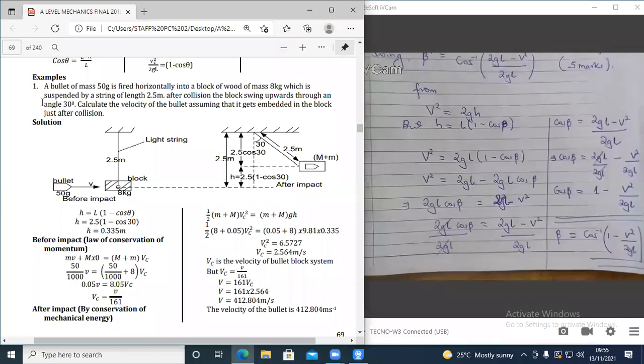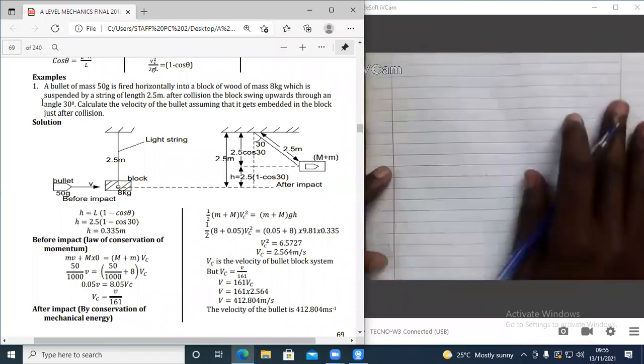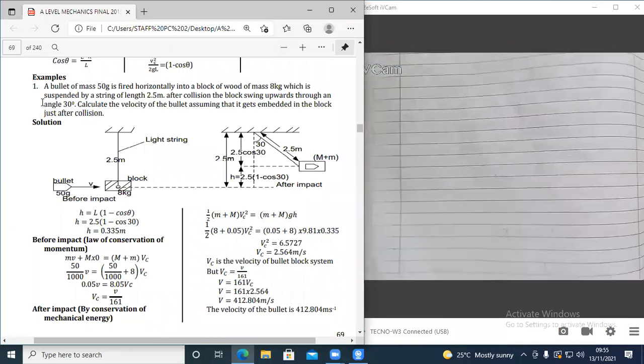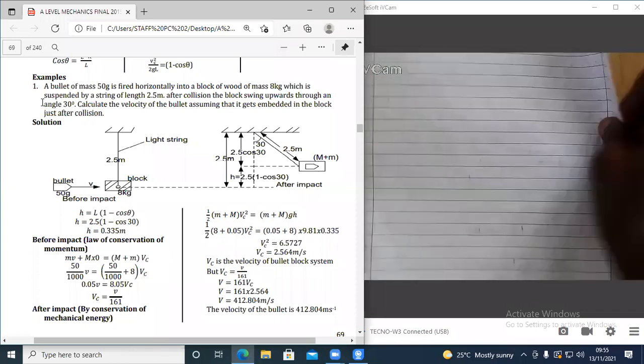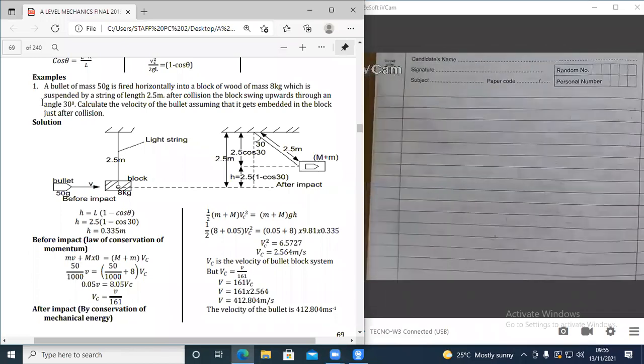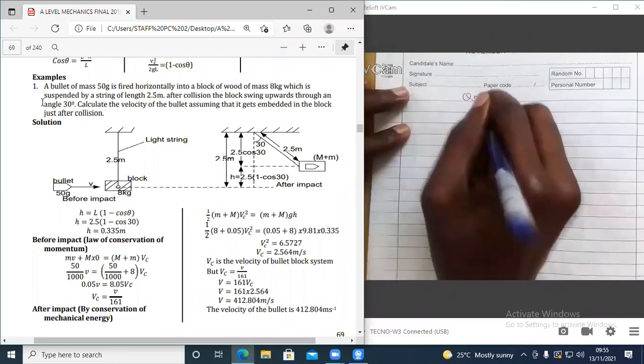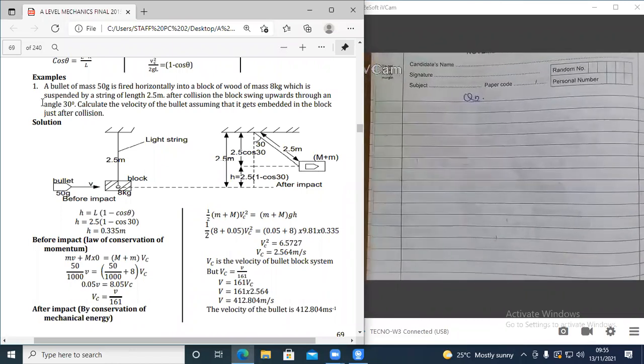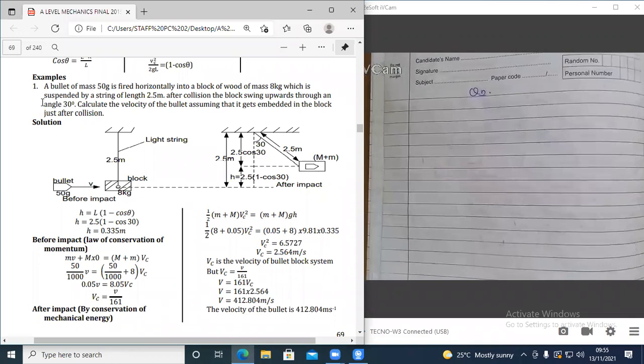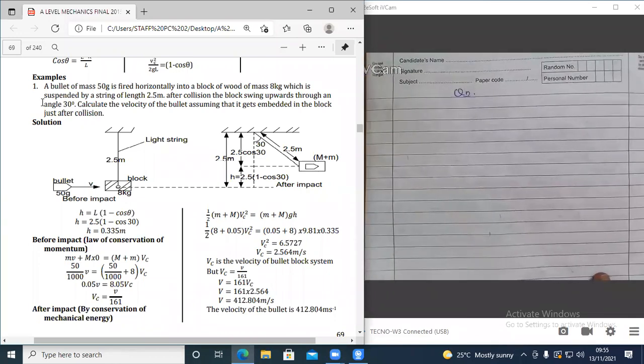Question number 1 is there. Can you write that question down? A bullet of mass 50 grams is fired horizontally into a block of wood of mass 8 kilograms, which is suspended by a string of length 2.5 meters.